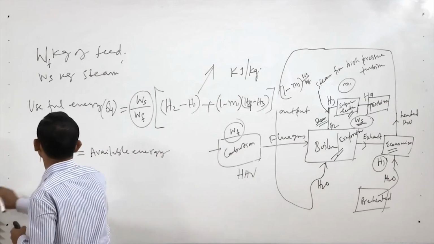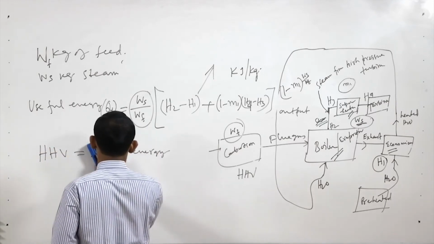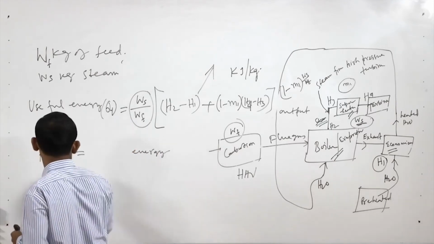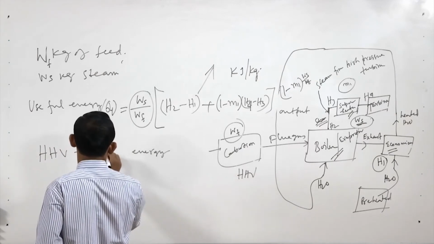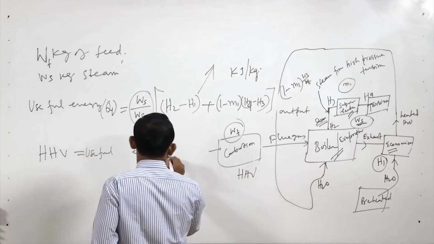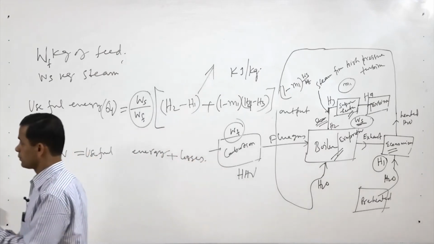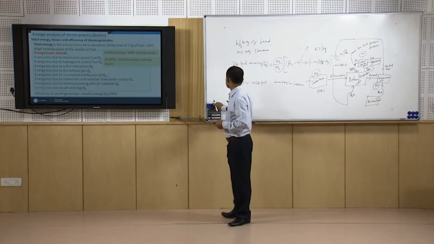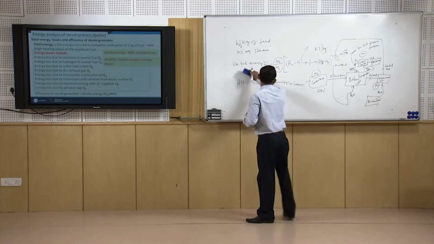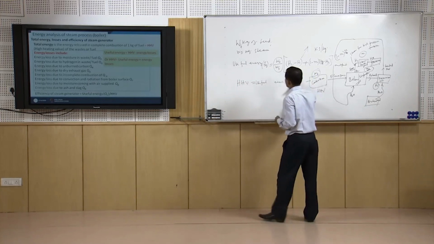We have defined it as useful energy, so the heating value is useful energy plus losses. Now, what are the losses? Let us see.